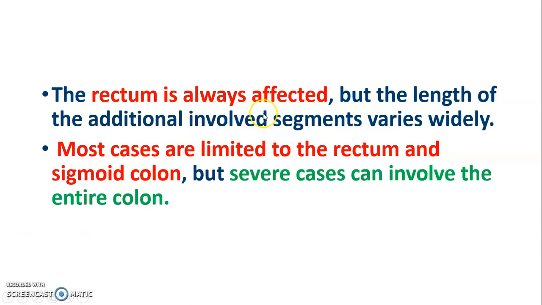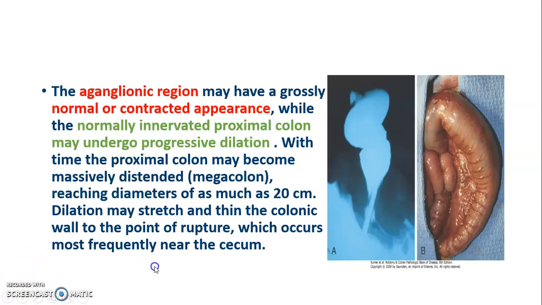The rectum is always affected in Hirschsprung disease, but the length of the additional involved segment varies widely. Most cases are limited to the rectum and sigmoid colon, but in severe cases they can involve the entire colon. The aganglionic region has a grossly normal or contracted appearance, while the normally innervated proximal colon undergoes progressive dilation.